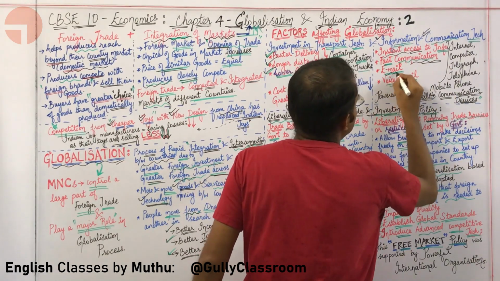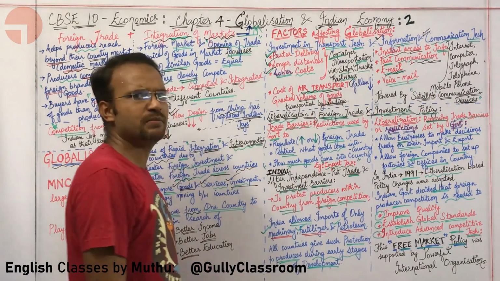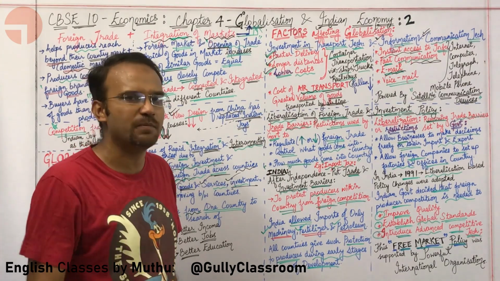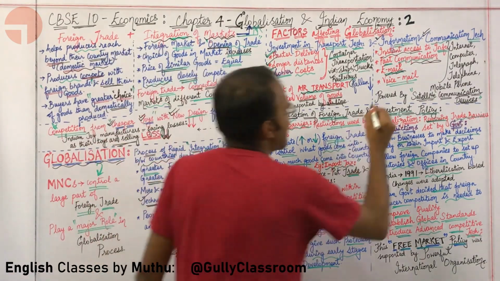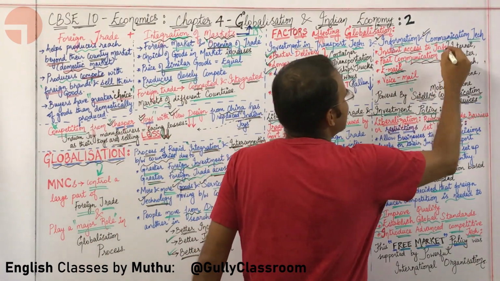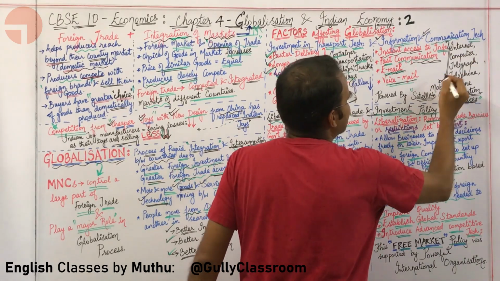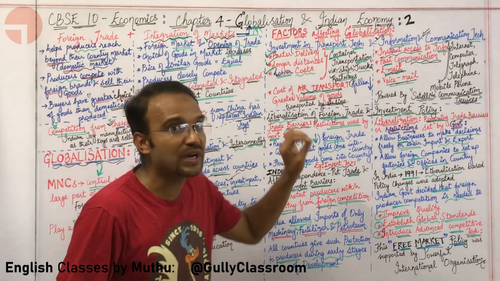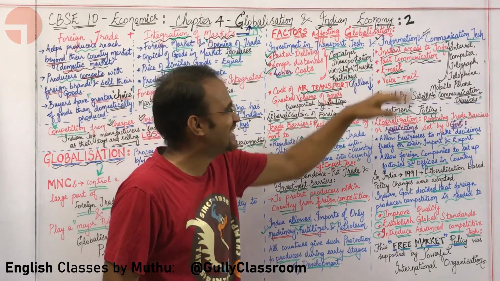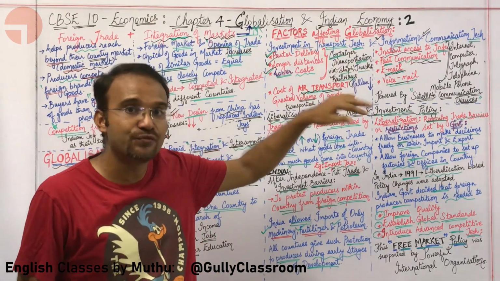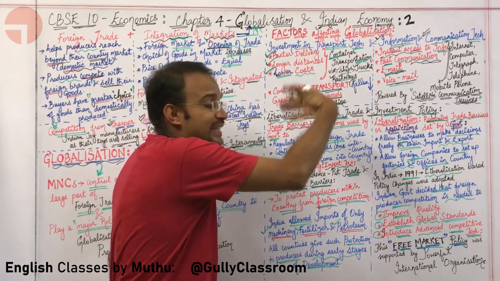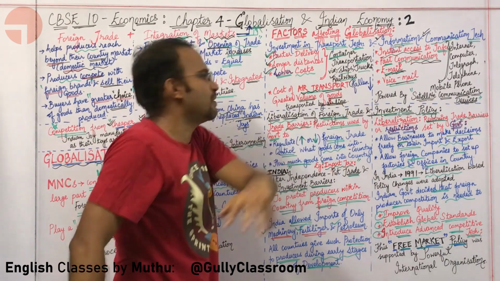faster communication. We have email. What is email, sir? Instant electronic mail is called email. We also have voice mail, and this is enabled by equipment such as the internet, computer, telegraph, telephone and mobile phone, which are powered by satellite communication devices.